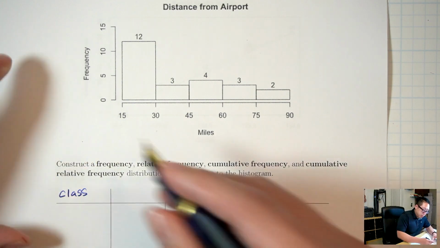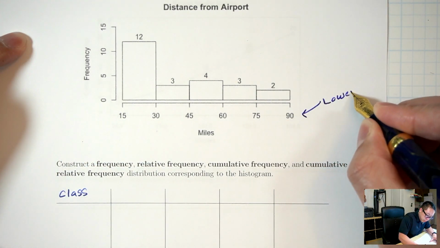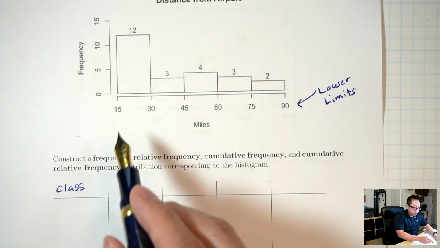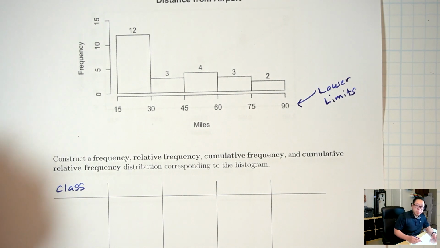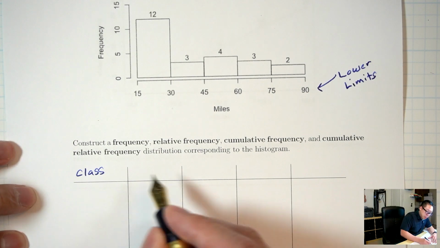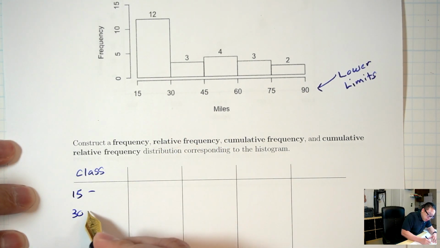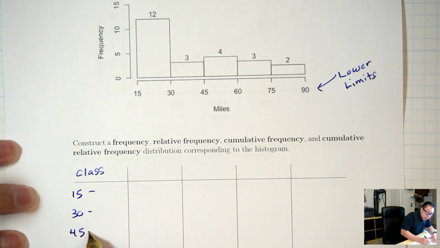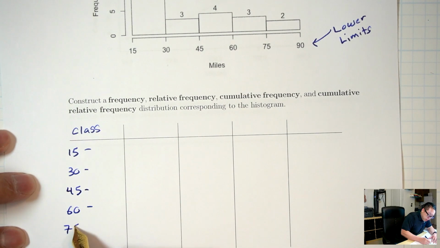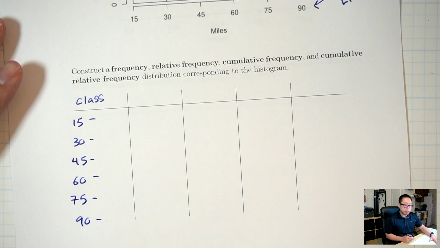So 15, 30, 45, 60, 75, and 90 are the low number of each of my ranges. So my classes should be 15 to something, 30 to something, 45 to something, 60 to something, 75 to something, 90 to something.